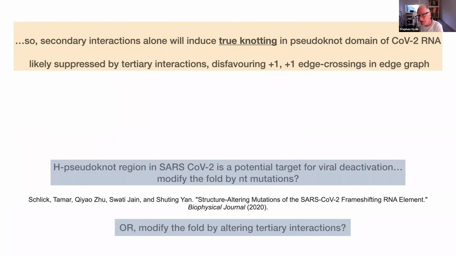Now that's quite interesting, because surely that's not what happens in the real virus. Surely the virus is 100% pseudoknotted, because if it were knotted, you couldn't translate it. Presumably you can't use the ribosomal machinery to make the proteins and so on to build the new virus while that thing is knotted.